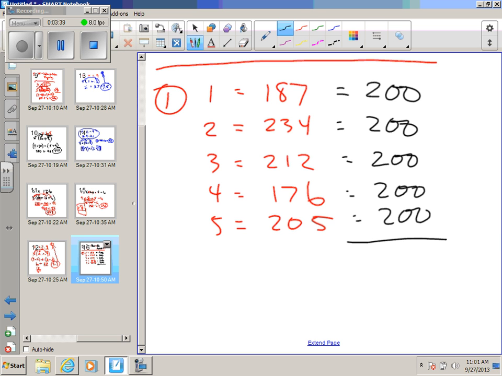So 200 times 5 is 1,000. Is that a reasonable estimation? Yeah. Sure it is. And it doesn't have to be perfect. Doesn't have to be exactly 1,000 because she uses that magic word. No, she never says estimate in the problem. About. About. Good.